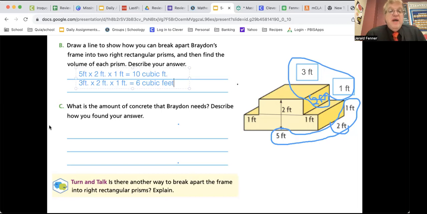So what is the amount of concrete that Brandon needs? Describe how you found your answer. Well, you have to add those two amounts together because you have to add the amount of the volume of the bottom one to the volume of the top.